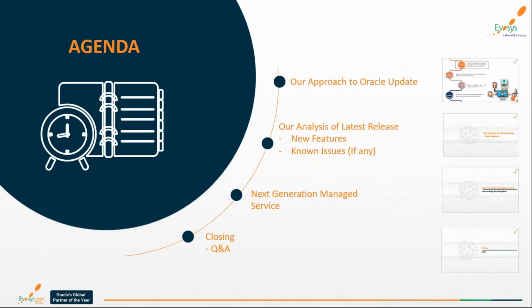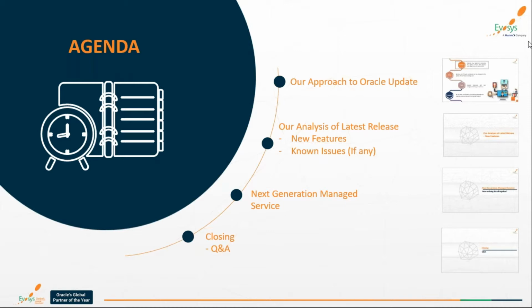So our agenda for today, first of all, we're going to explain to you, in case you haven't been on these before, how we handle Oracle updates, what are the steps involved, and how that process will work for you. After we've covered that, we're going to take you through our analysis of the latest release. We're going to let you know what the new features are. If there were any known issues, then we would tell you about those.